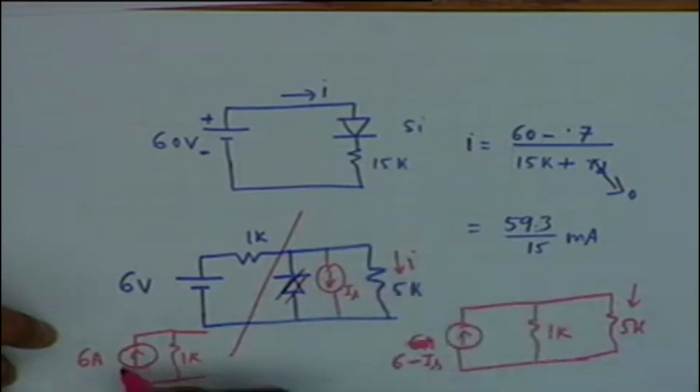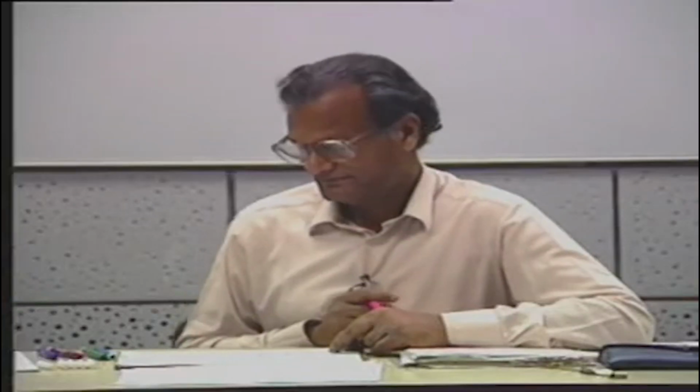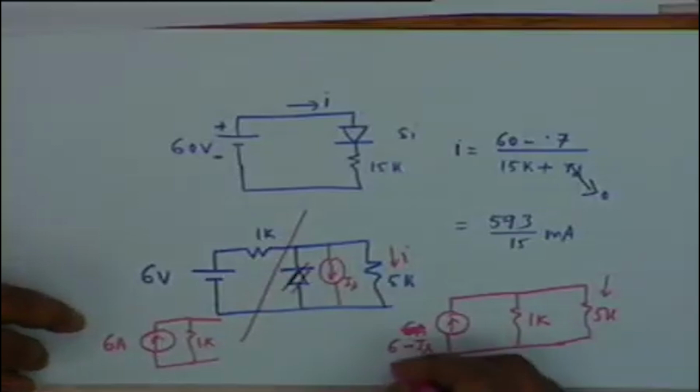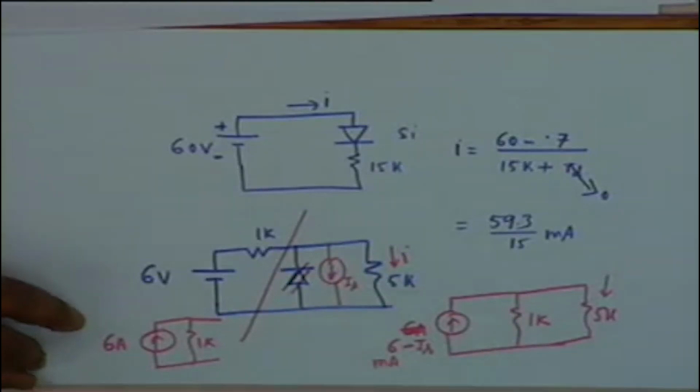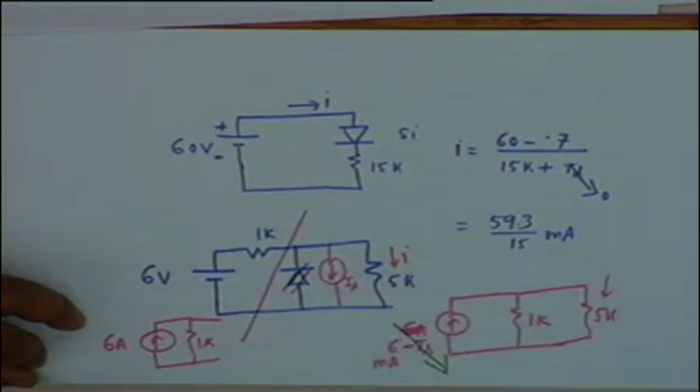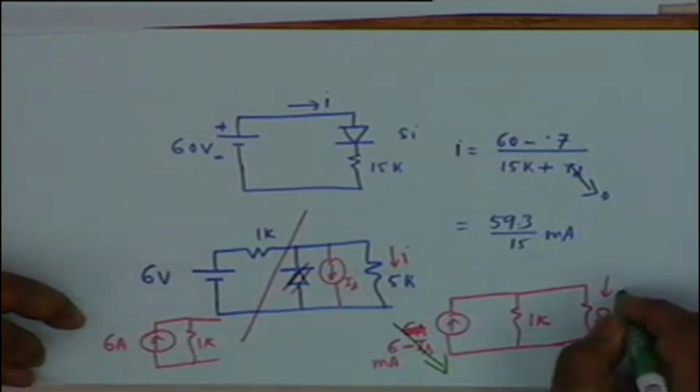This current goes down, so 6 minus IS. 6 milliamperes, yes, that is correct. 6 milliampere minus IS. IS is of the order of micro, and therefore the current shall be controlled basically by 6 milliampere, and you can show that this would be, how much would this be? 1 milliampere.